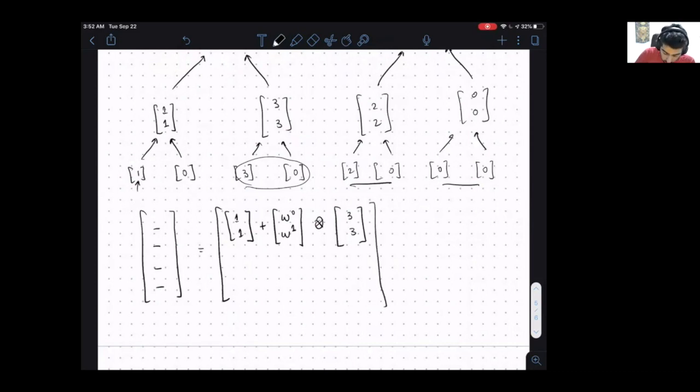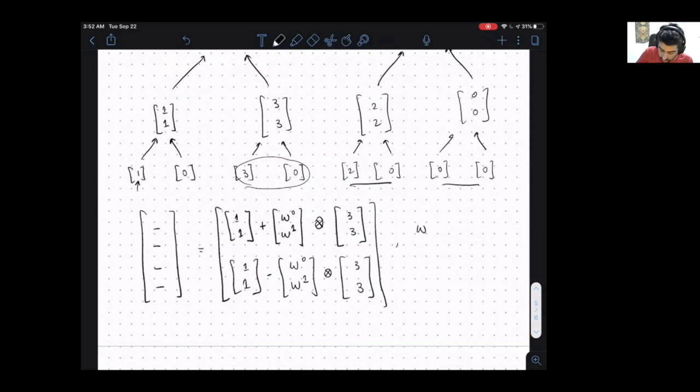And in the bottom half, this is equal to the left subproblem vector minus this vector of omega constants that are pairwise multiplied with, again, the same 3, 3 right subproblem vector.